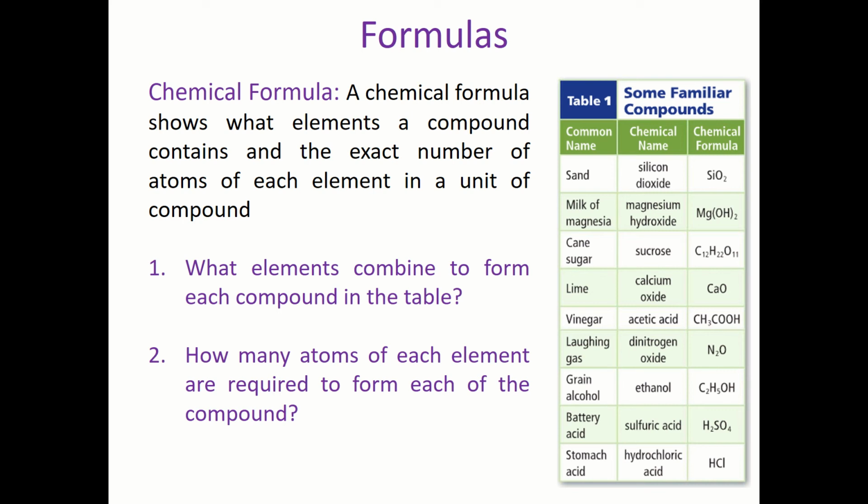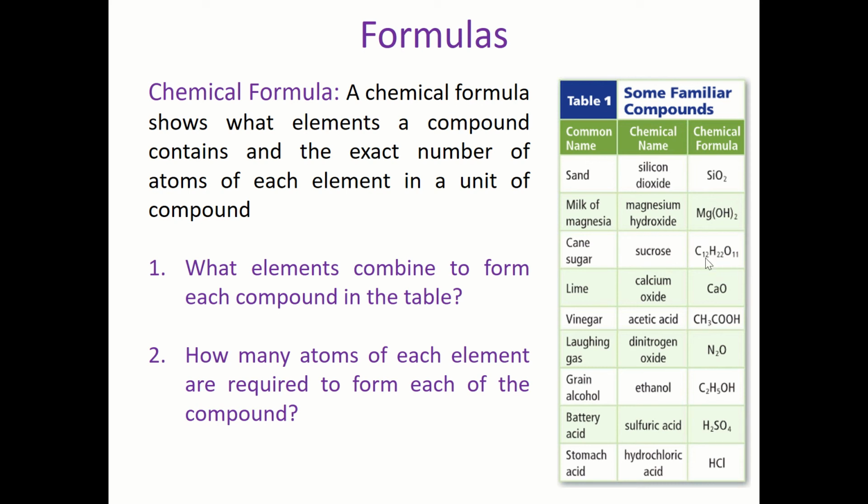Okay, and now the next thing we talk about here is called the chemical formula. The chemical formula is how we represent compounds using chemical symbols. For example, I have sand, which is silicon dioxide, SiO2, and cane sugar, which is C12H22O11.